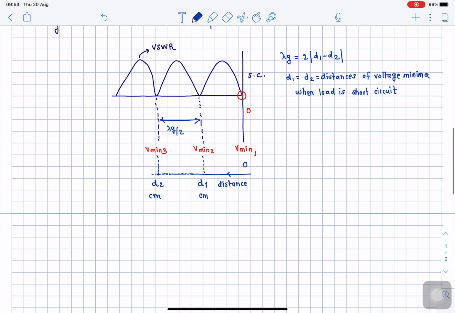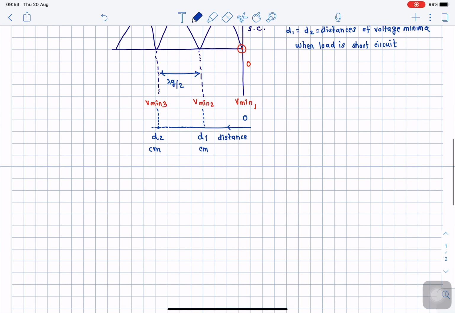So the second time, now we replace the short circuit termination with the actual unknown load.